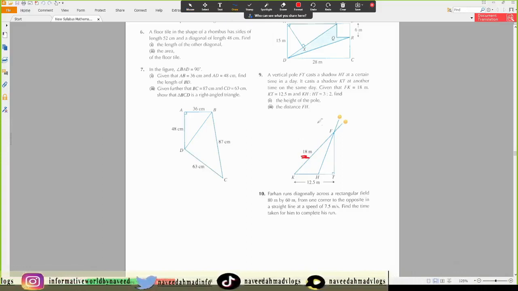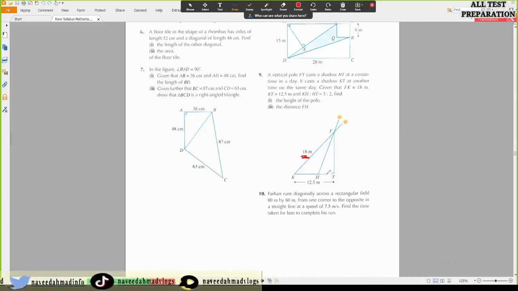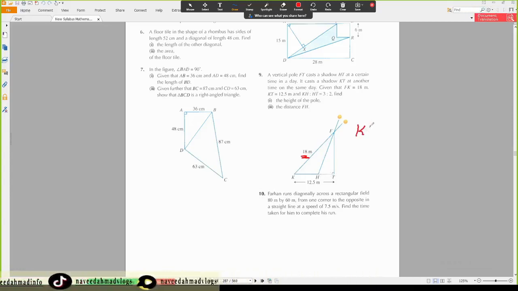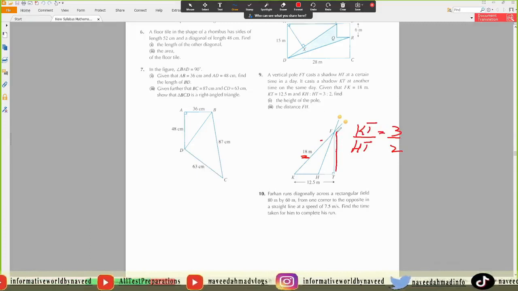KT is 12.5 meter, and the ratio of KT and HT is given to you. It means that KT divided by HT, you can write this ratio like this, 3 divided by 2. Find the height of the pole. FP is the height we need to find.